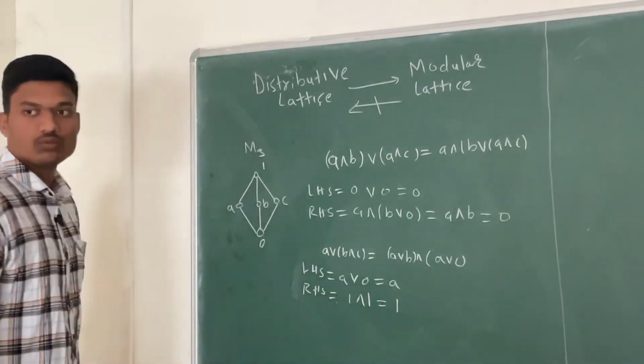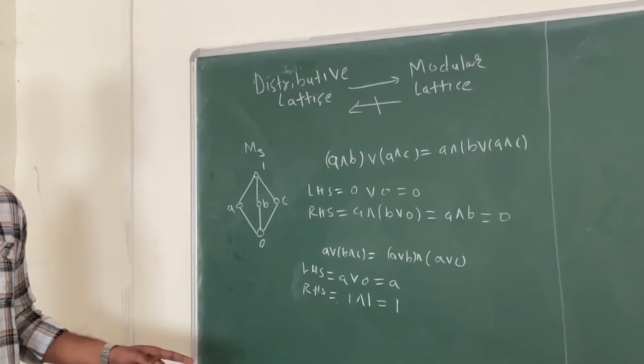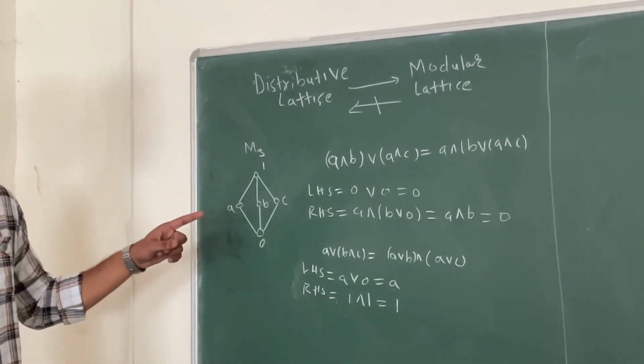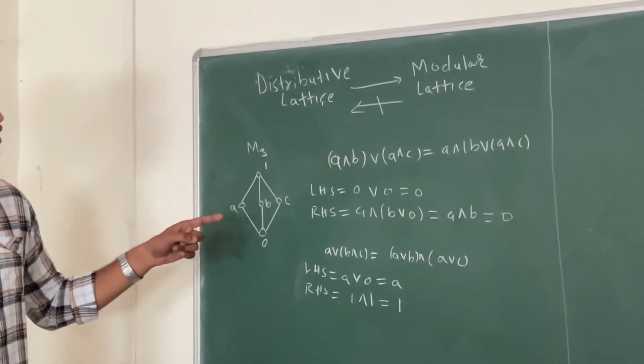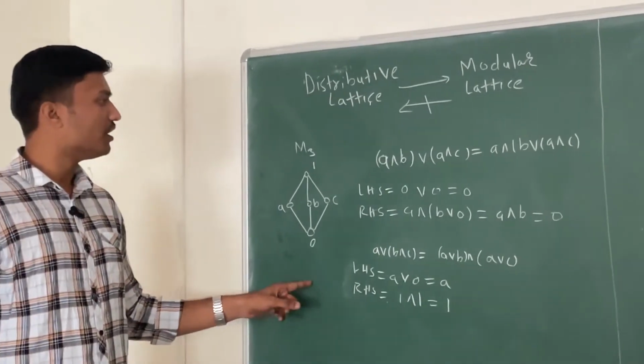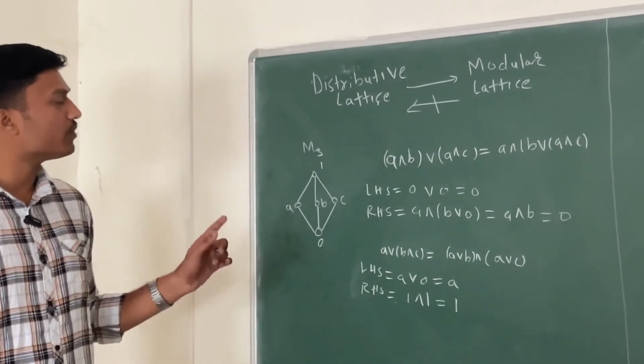Hence it is not equal. Hence it does not satisfy the distributive law, but it satisfies the modular law. Hence it is an example of a modular lattice but not a distributive lattice.